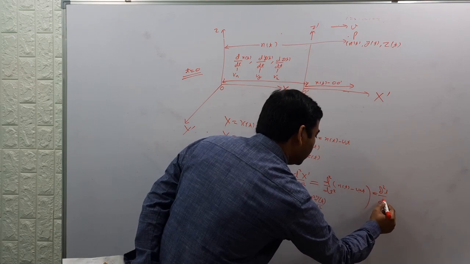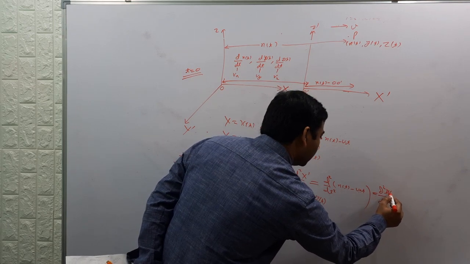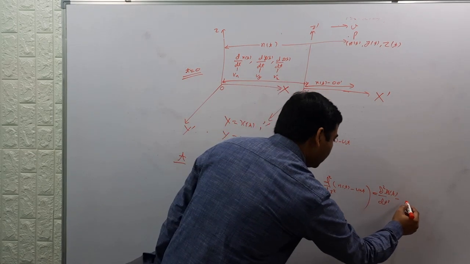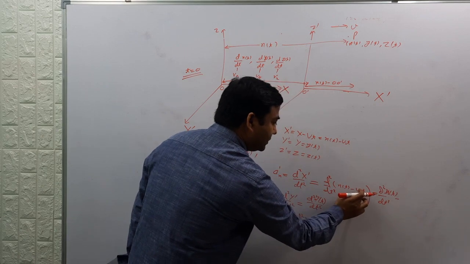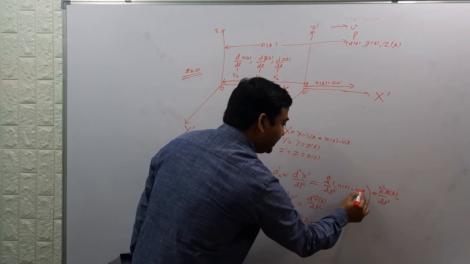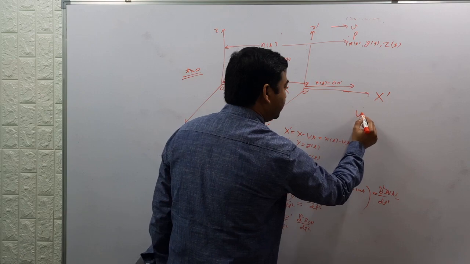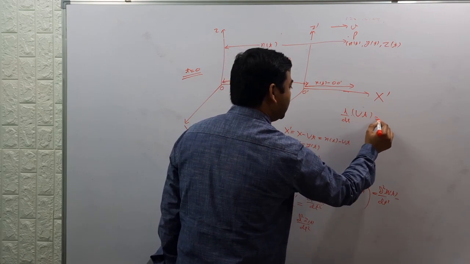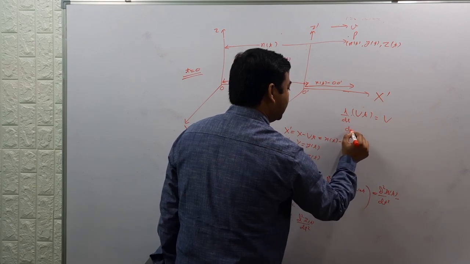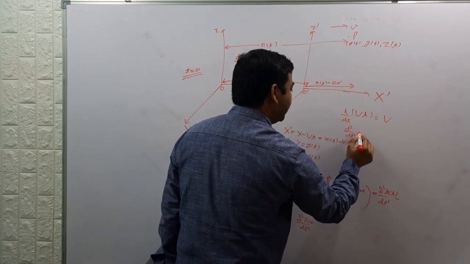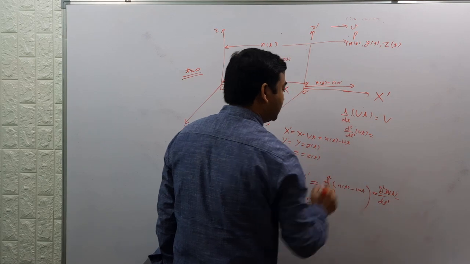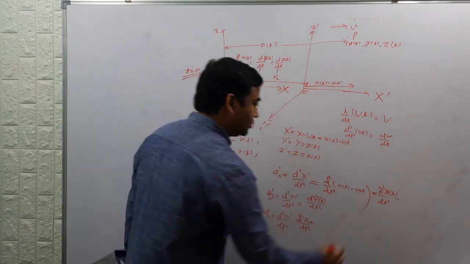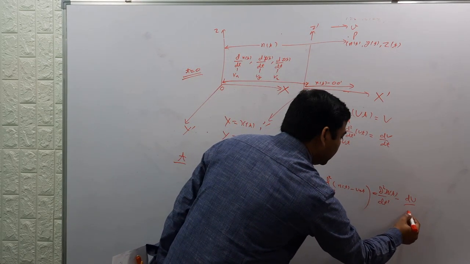So this can be written as d2 by dt square of x(t) minus the second derivative of vt. We know for vt, d by dt of vt is equal to v, and the second derivative of vt is equal to dv over dt.